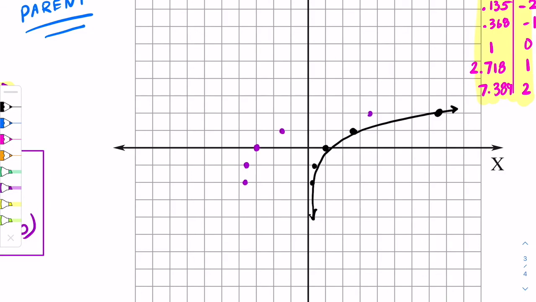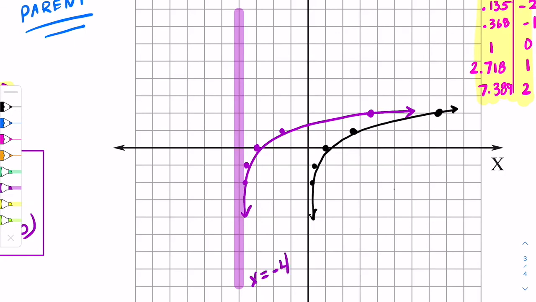So not only did our graph shift left 4 units, but this is the first time we're seeing that the vertical asymptote also shifts left 4 units. So we can say our vertical asymptote is at x equals -4. The domain also matches that vertical asymptote, so the domain is from -4 to positive infinity. And the range is negative to positive infinity.